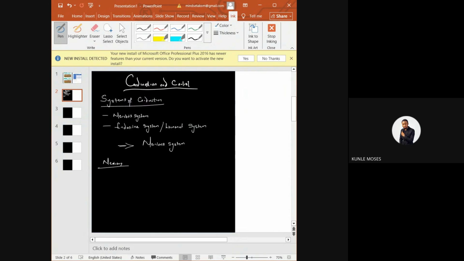And any messages that the neurons or the nerve cells are sending, we call the impulses. Please, are we together? The neurons help to receive, to process, and to send electrical impulses in the body.